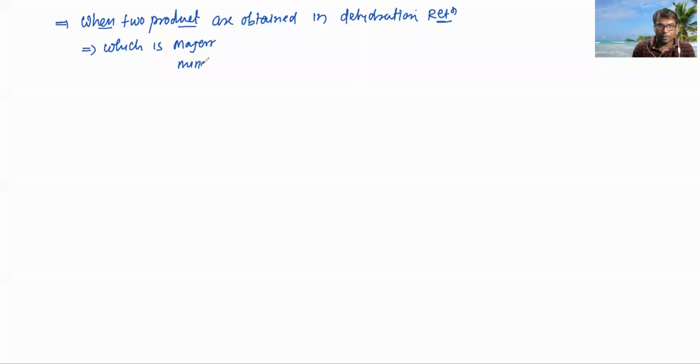The major product is according to the Saytzeff rule in elimination reactions.